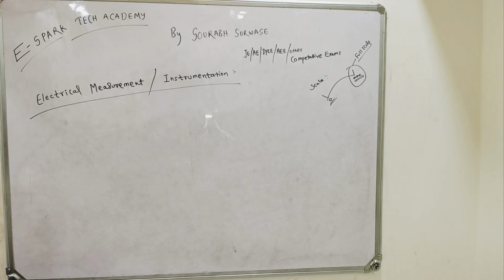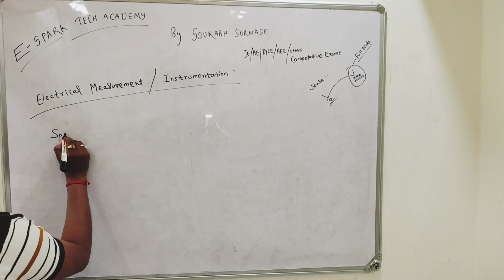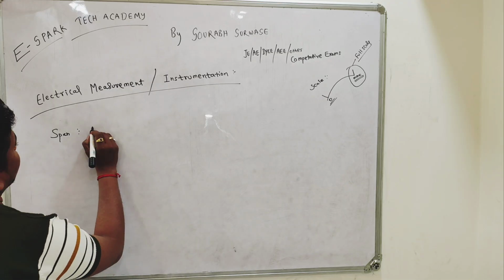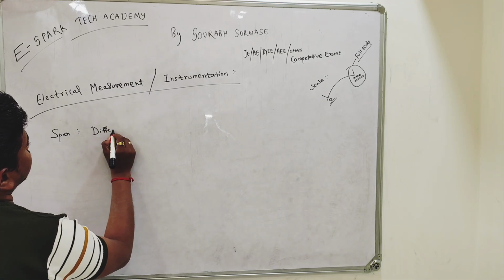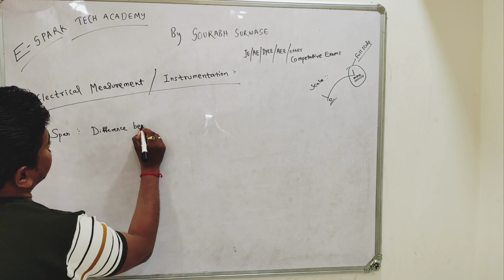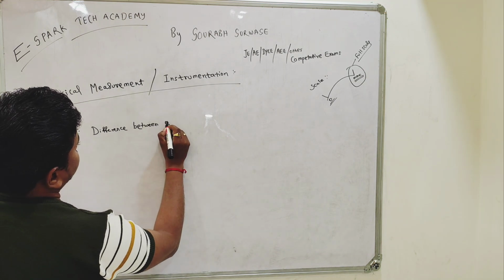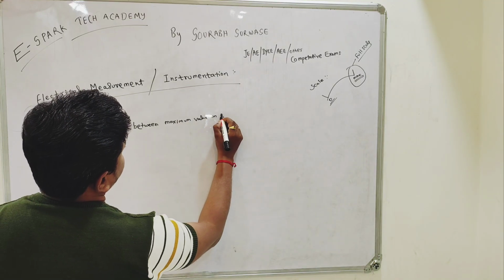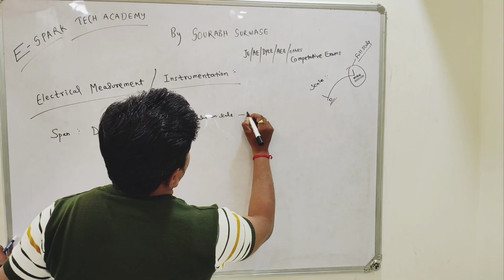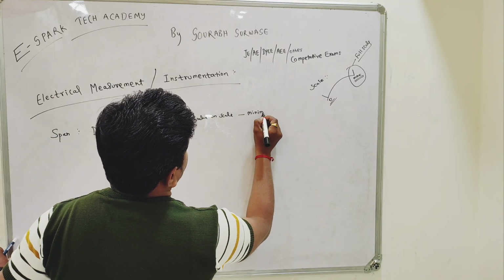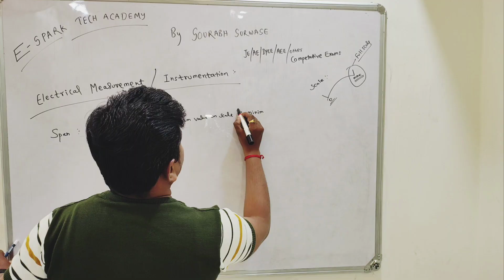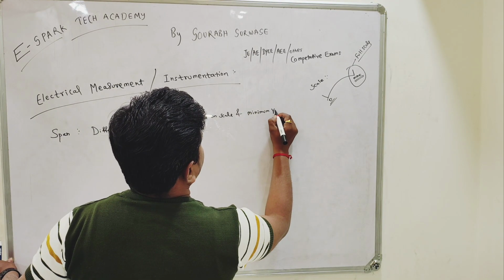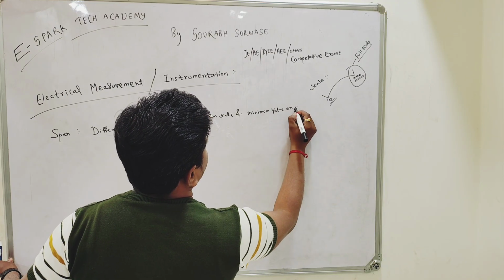Now again one thing is that we will calculate the span. It is nothing but the difference between the maximum value on scale minus the minimum value on scale.